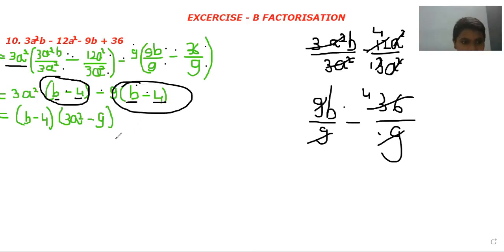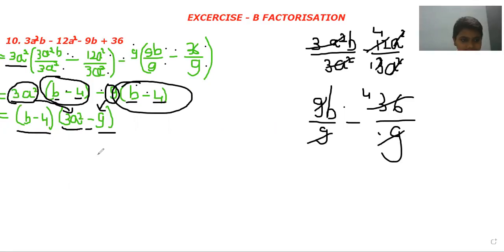So then I took b minus 4 as the common factor. After that, 3a square minus 9. That's because what I told in the previous sum. Yes, here we can take this, which is outside the bracket, over here. Then which is next over here, 9, we can take over here.